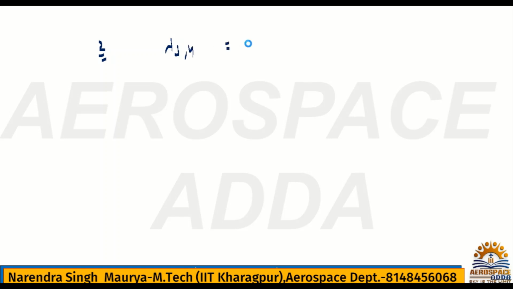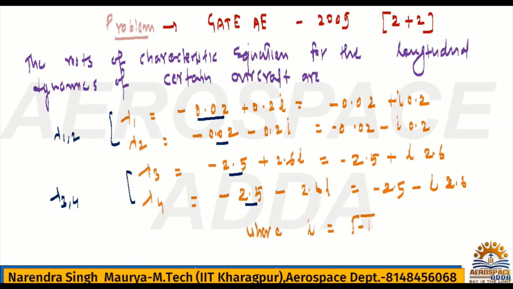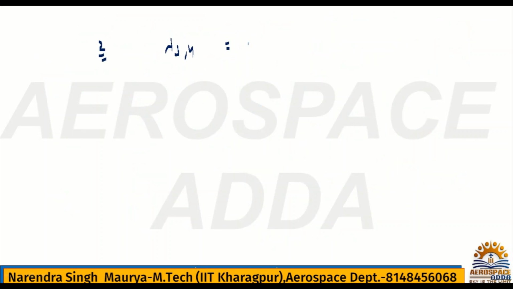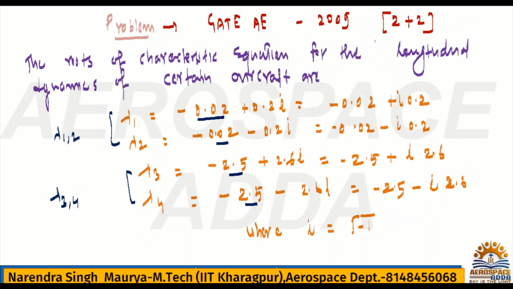If you write this root, this is for the short period oscillation, and this is nothing but minus 2.5 plus minus 2.6 i. So minus 2.5, minus 2.5, and then minus i of 2.6. This is the short period oscillation. Okay, roots I have written.